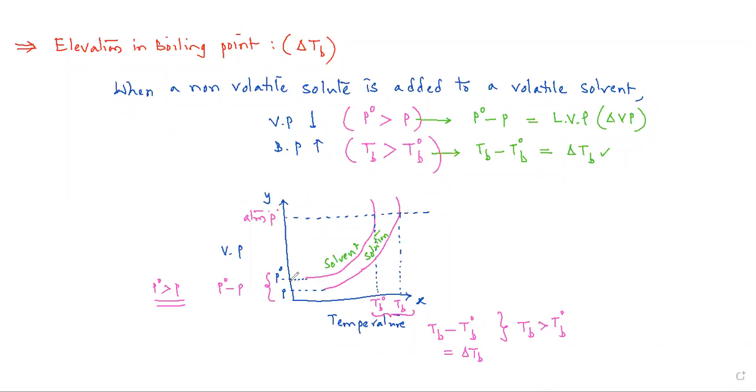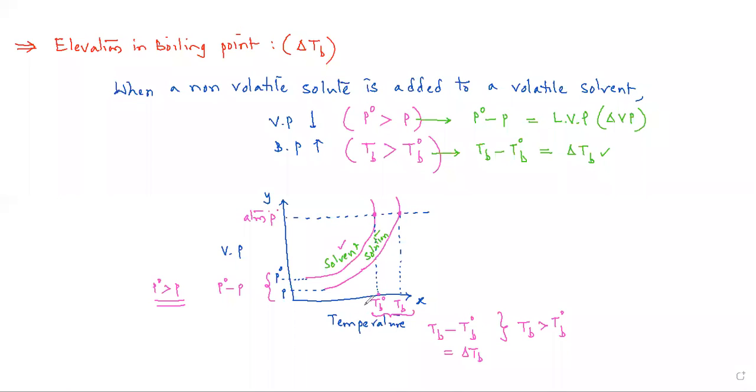Vapor pressure of the solvent is more, solution is less. Very clear from these 2 points. You can check out. Now, when you go for this area, this is the boiling point of the solvent. I mean, this is the temperature at which the vapor pressure of the solvent has become equal to atmospheric pressure.